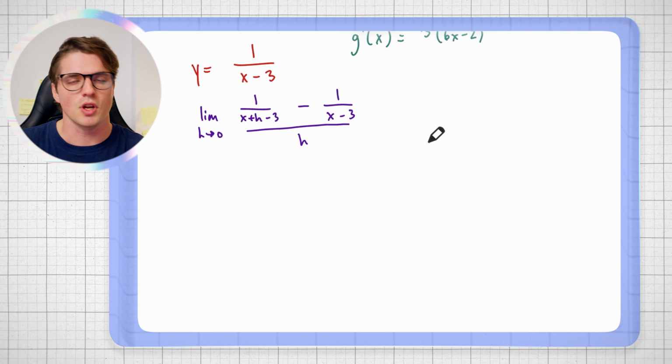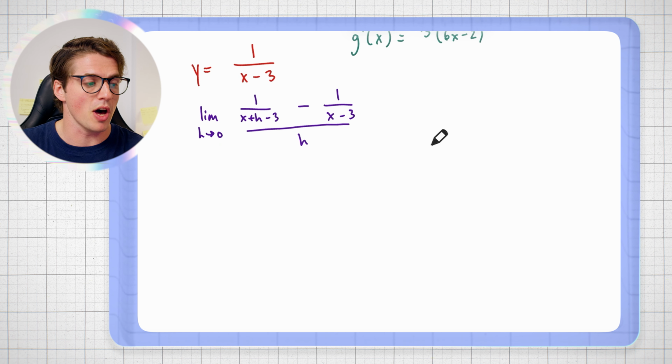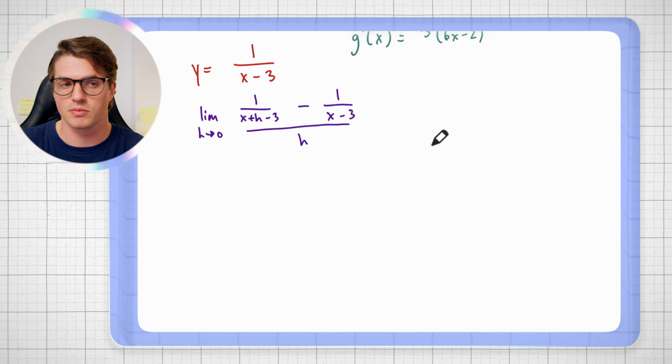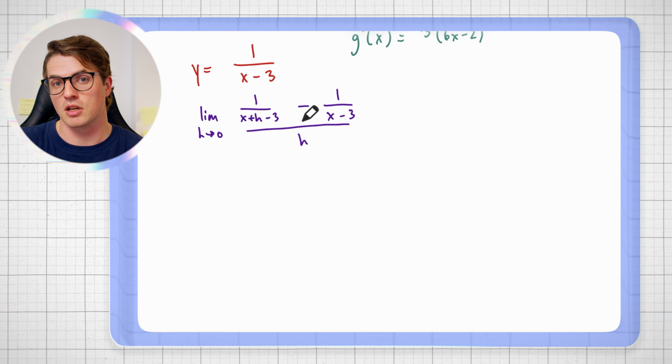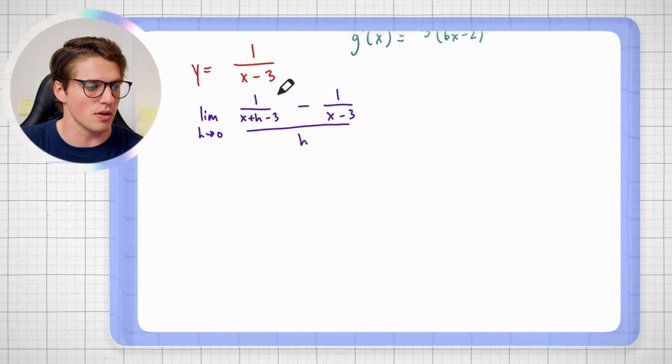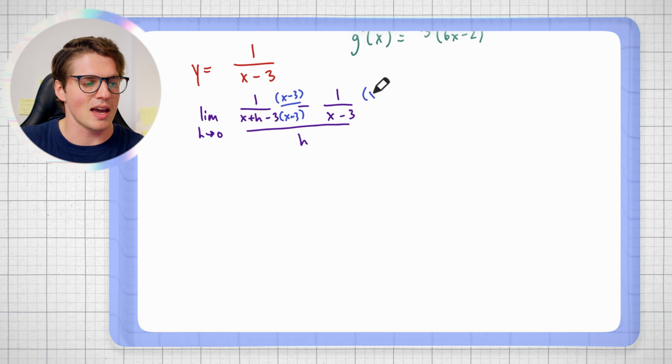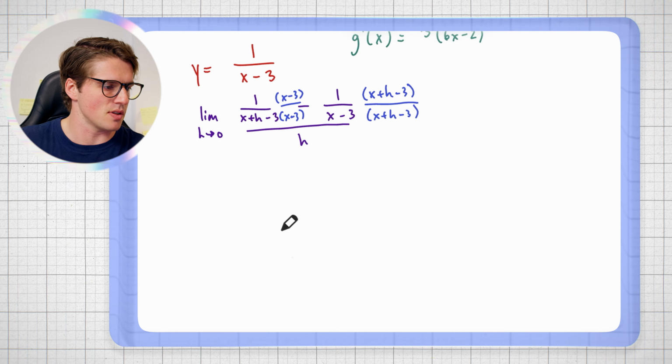And this looks a little bit complicated, but we did deal with similar limits in Unit 1. And our strategy for dealing with these is to get a least common denominator in the numerator. So x minus 3, and we'll multiply by x plus h minus 3, which I know looks difficult, but it's going to work out. It's going to help us answer this.